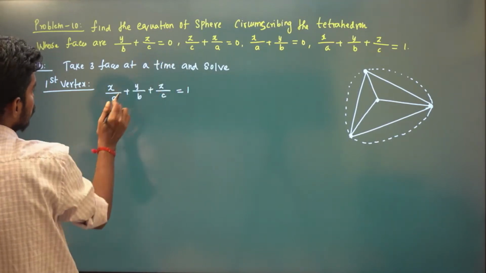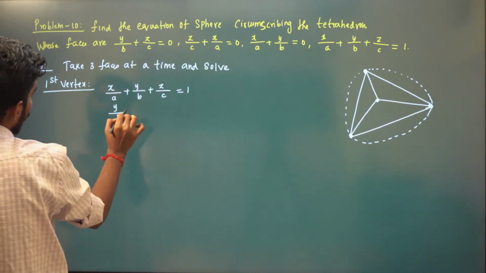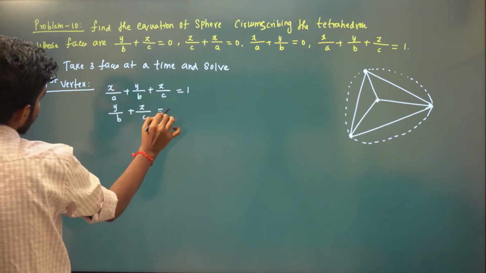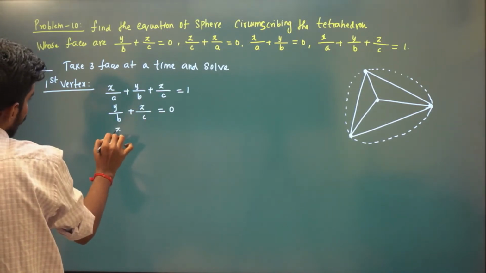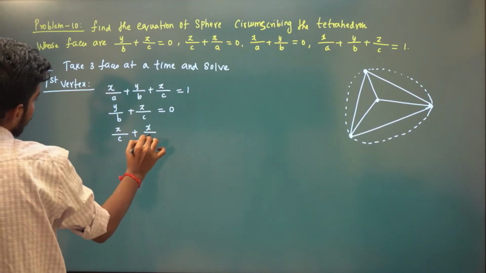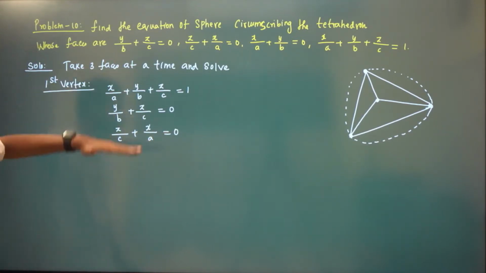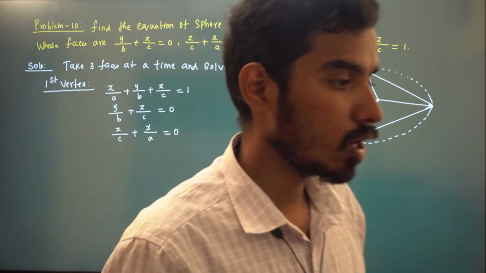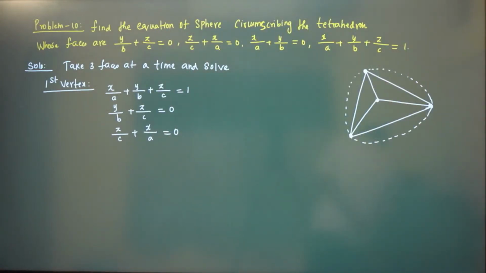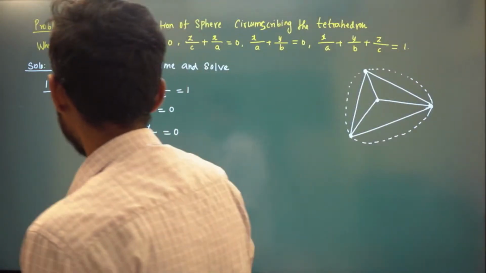I'm going to take the first two faces, y by b plus z by c is equal to 0, and z by c plus x by a is equal to 0. Now solve this to get the values of x, y, z.